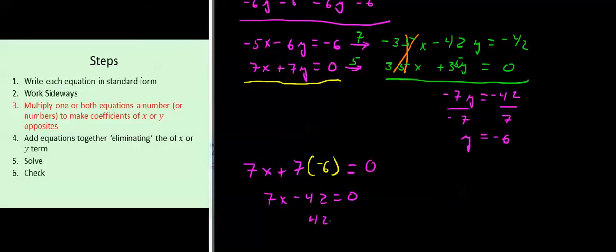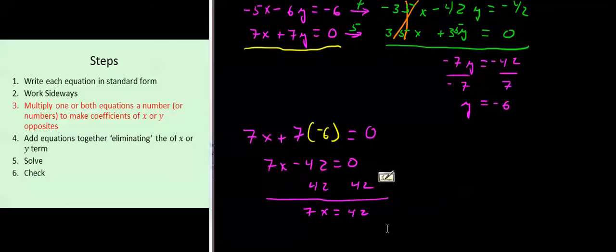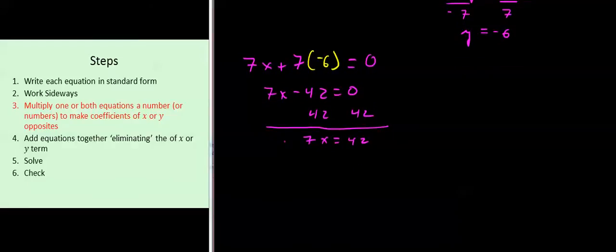Add 42. Plus 42. 7x equals 42. And divide by 7. We're almost done. And we get x equals 6. So my final answer, (6, -6).